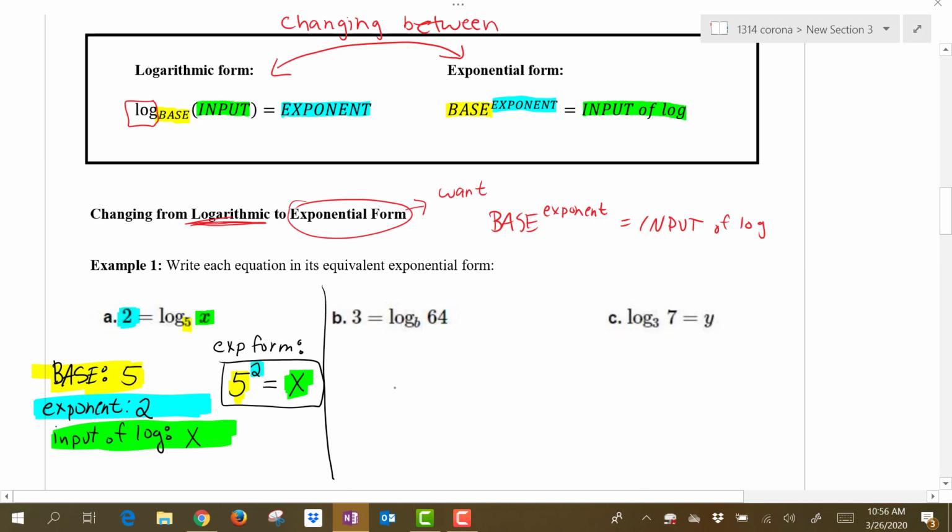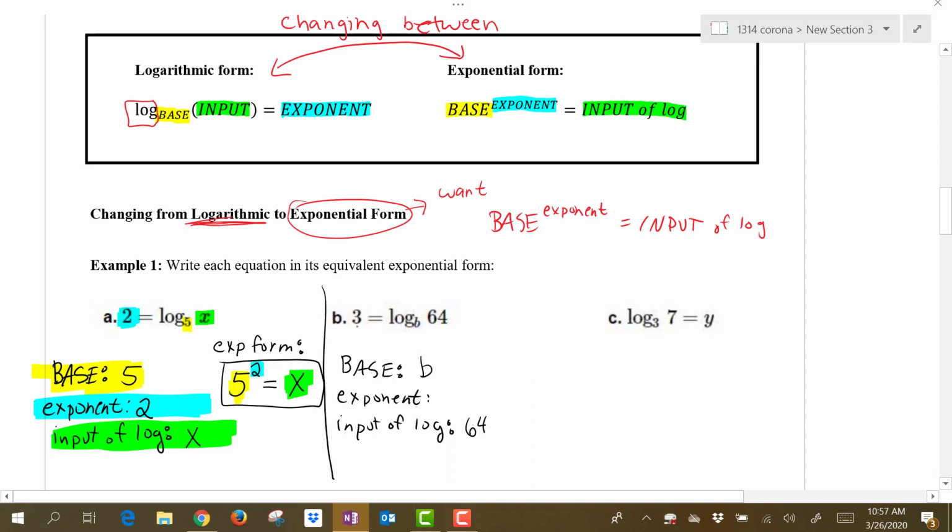Alright, so let's look at example B. We want to identify the three moving parts: the base, the exponent, input of the log. Alright, the base here is the little number that's at the bottom right of the word log. Now, in this case, that is not a number, that's a letter B. We'll just write B. The input of the log, well, that's 64.